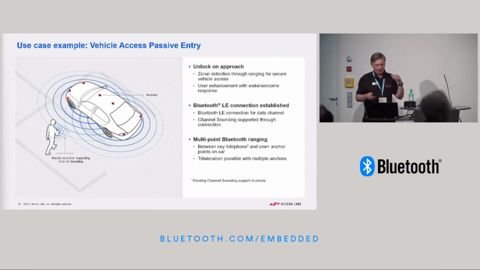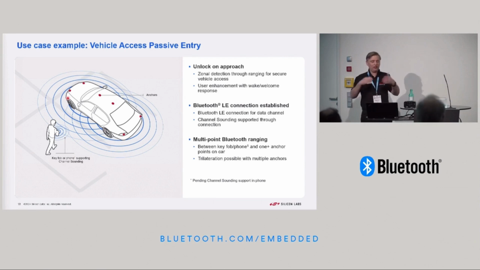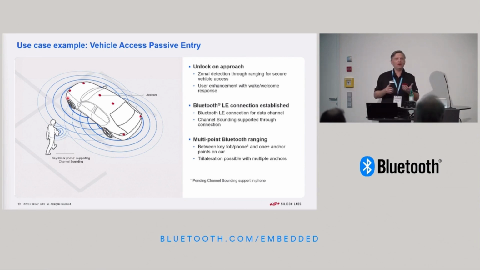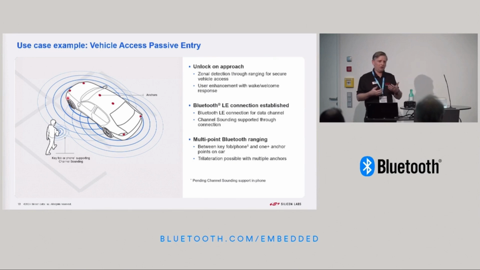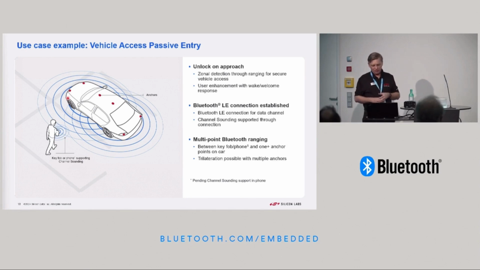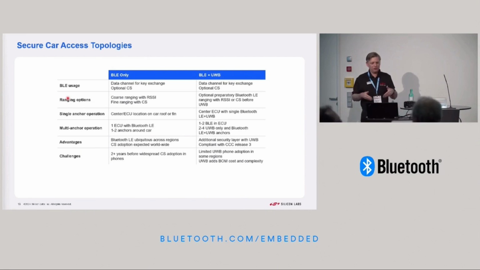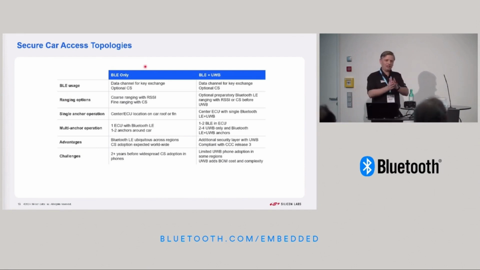And then to add further complexity to this use case, this could very likely, if you see, for instance, what the Car Connectivity Consortium has promoted, add UWB and NFC to the same system in a coordinated approach to passive entry, passive start. So just to drill into secure car access slightly, one way of slicing all of the subcases within that use case is BLE only versus BLE plus UWB for ranging.